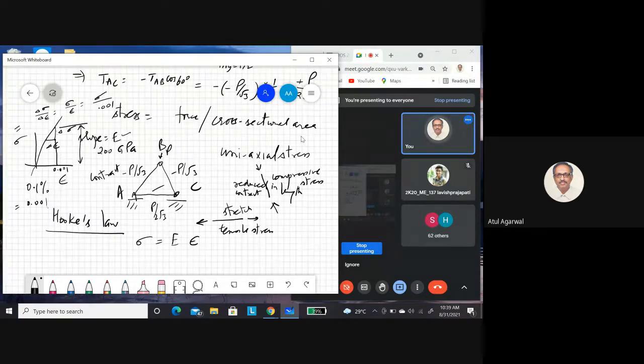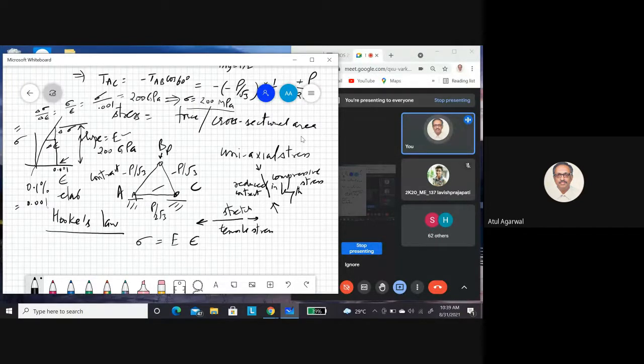This is a stress. So this is 200 gigapascal. So what is the value of stress? So you get a value of 200 megapascal. So this is the strain at elastic limit.